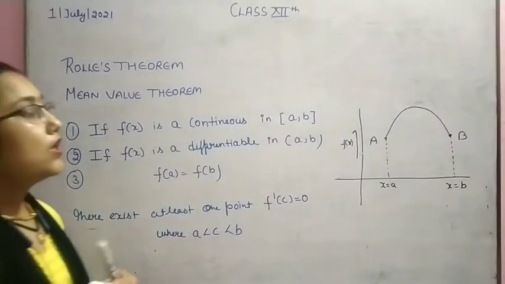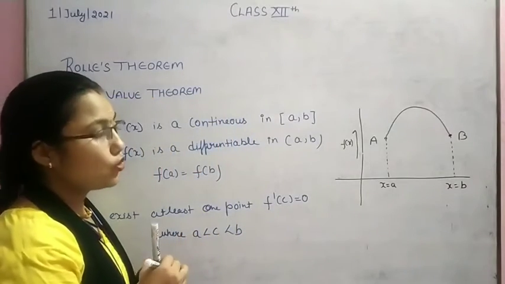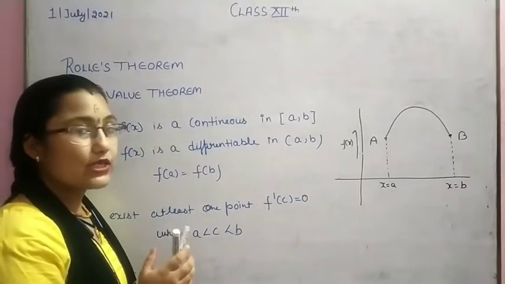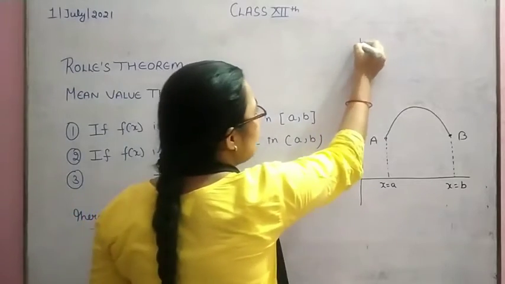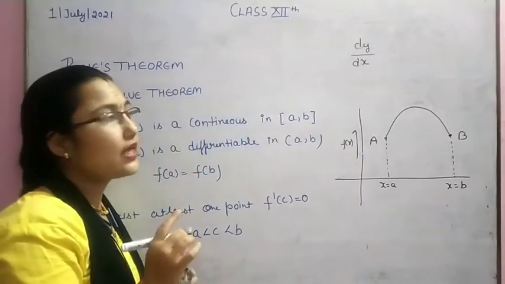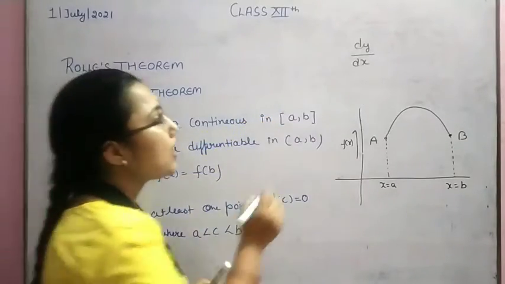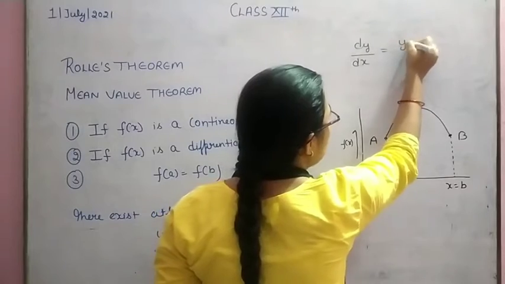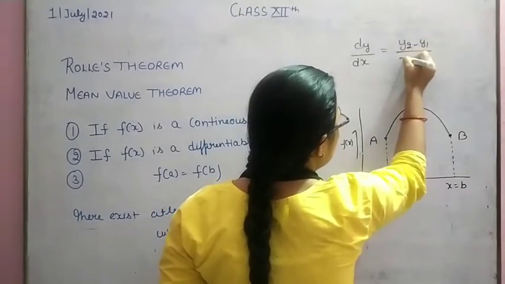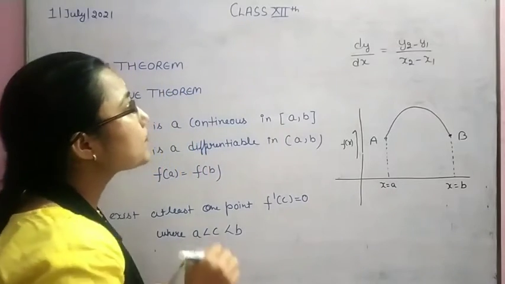So we have to find a point where the slope equals 0. As we know, the slope is represented by dy over dx, where y represents any function; the derivative of a function represents its slope, and this equals (y2 minus y1) over (x2 minus x1) if 2 points are given.